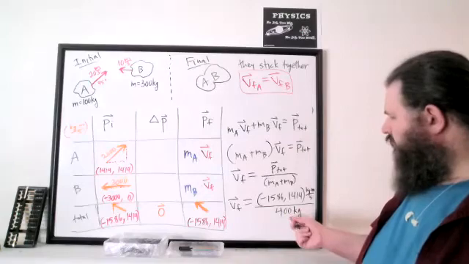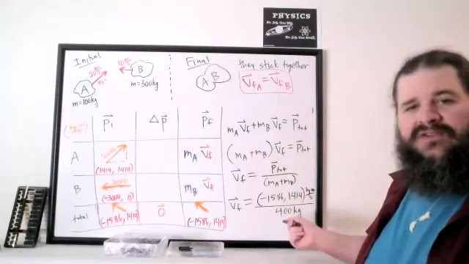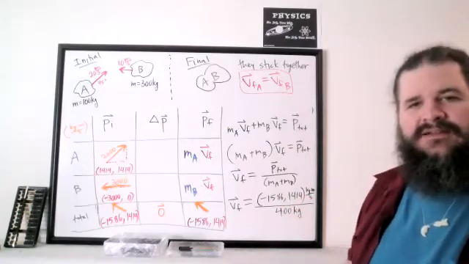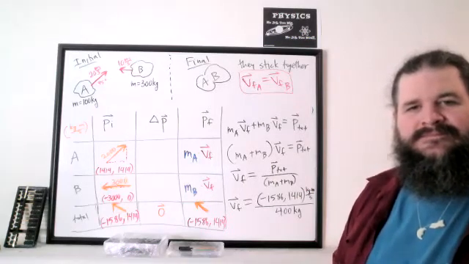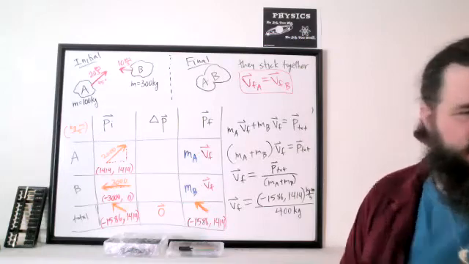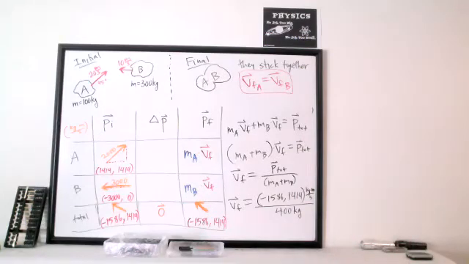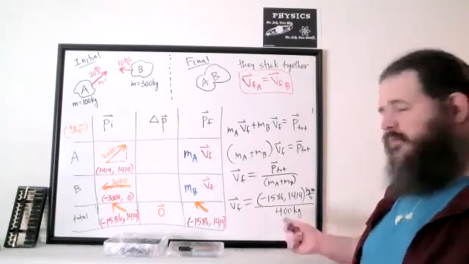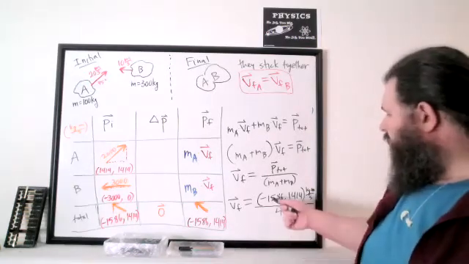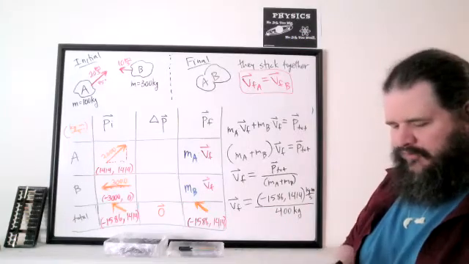And that means, how would you divide a vector in terms of components by a scalar? How would you actually calculate that? Would you divide each component separately? Yeah, we can do this one component at a time. So we take negative 1586 divided by 400.